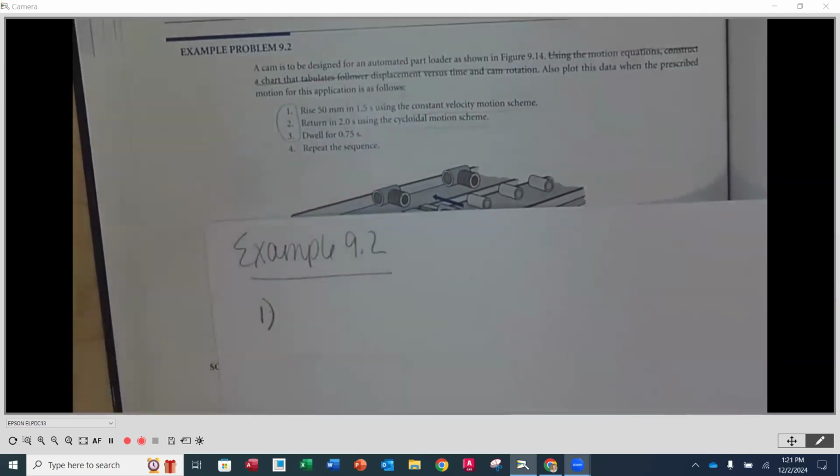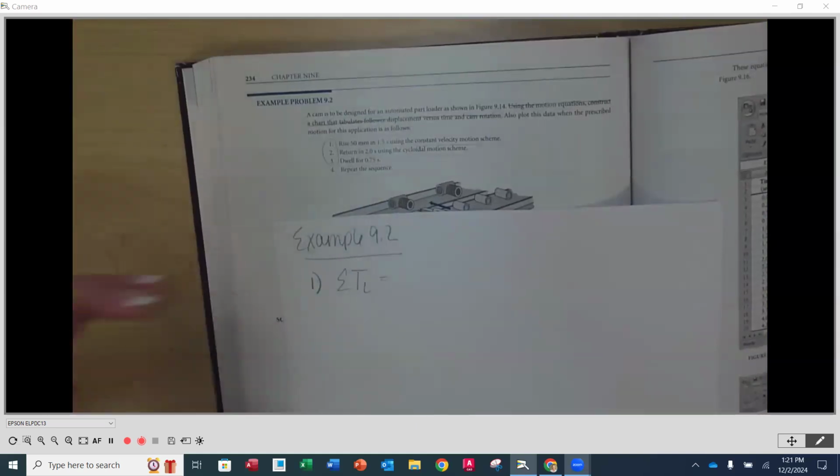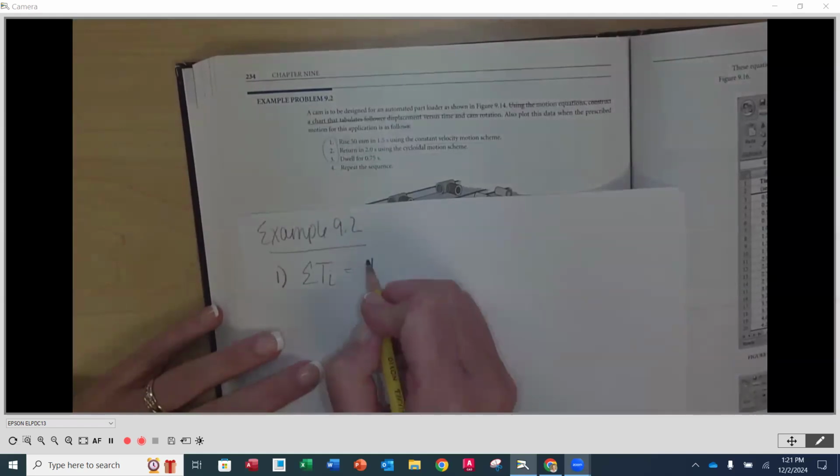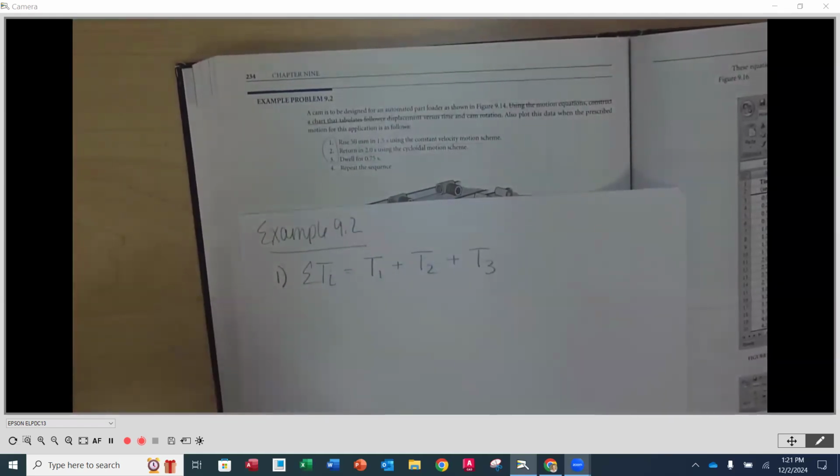And step number 1 is going to be the total time. So we want to find the total time for 1 revolution or 1 cycle. And that is going to be T1 plus T2 plus T3. Okay, and these are the times in seconds.